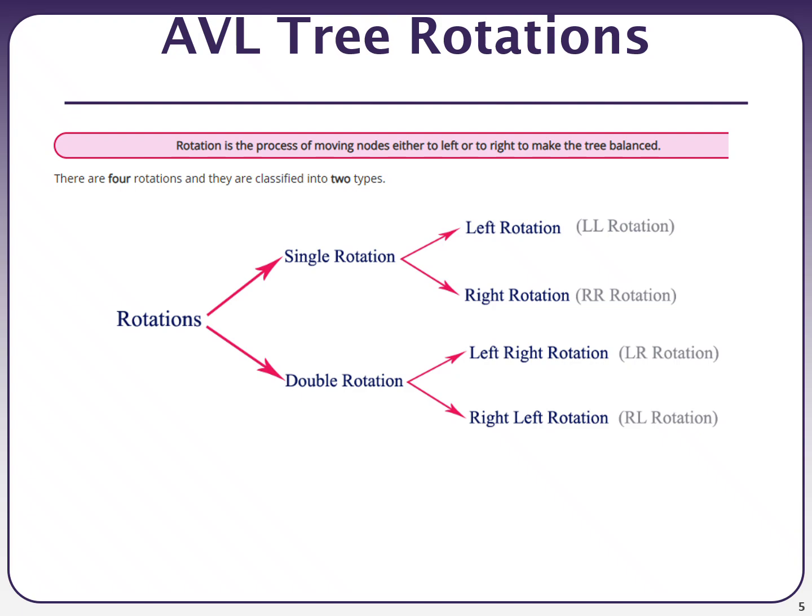A double rotation is a combination of single rotations, either left-right or right-left, so both are mixed together. These are the AVL tree rotations. Using these rotations, we make the tree balanced.